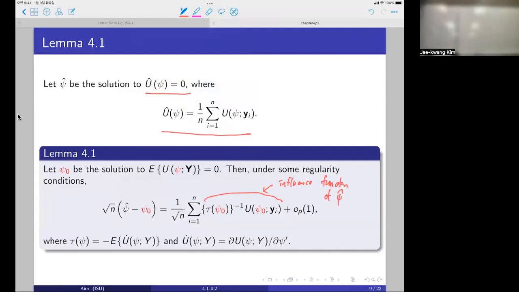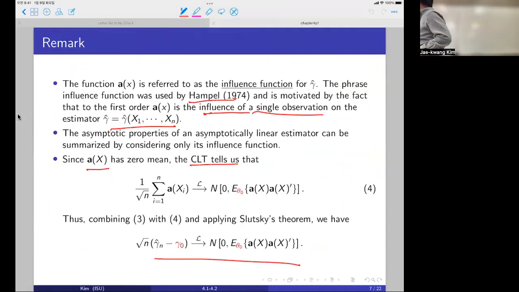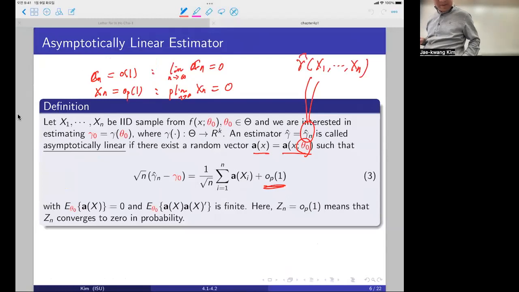Okay, I haven't explained this, so let me go back. I should have explained this more carefully. This is nonlinear, very nonlinear.